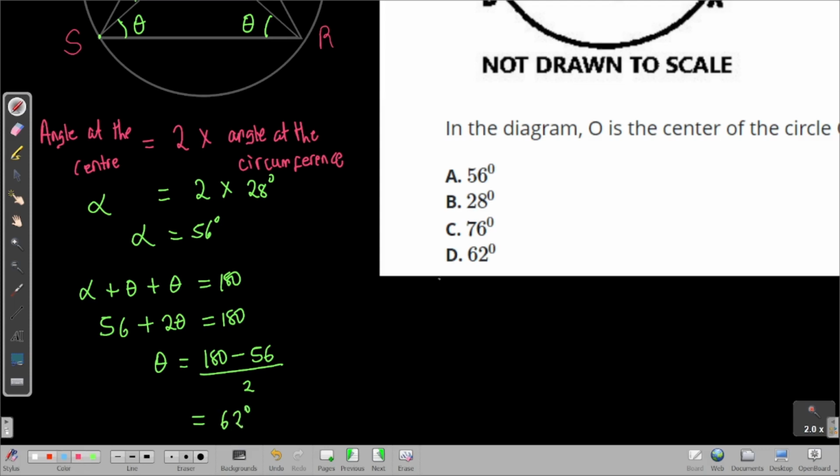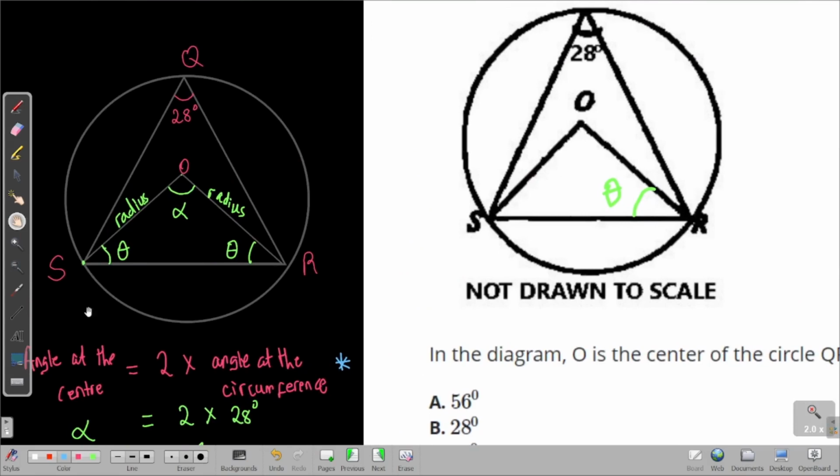So the answer here is option D. All you needed to know here is this angle at center theorem, and of course the sum of angles in a triangle. So that's that.